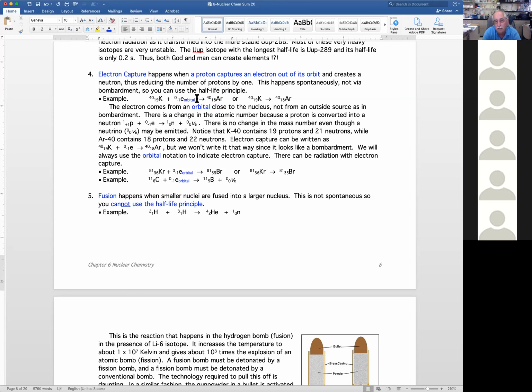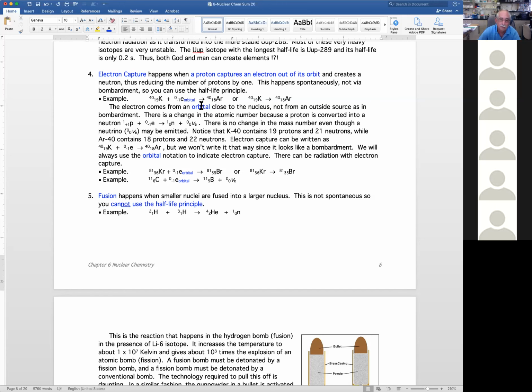If it slows down enough and actually falls into the nucleus, it will combine with a proton and convert that into a neutron. That's exactly what's happening right here. Okay. So we go 19 plus -1 gives me 18. See, I get a transformation there, right? So to distinguish this from bombardment, I will always put the word orbital there.